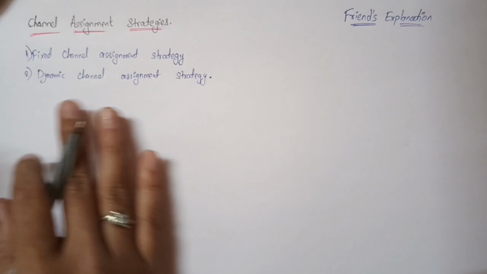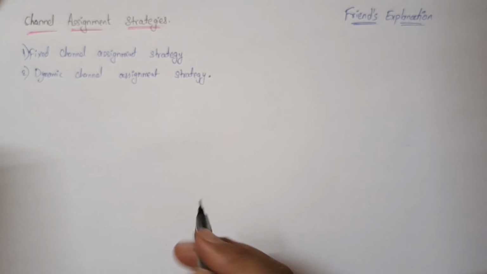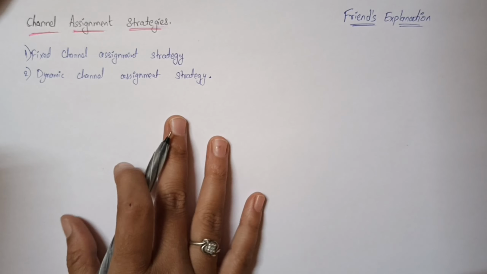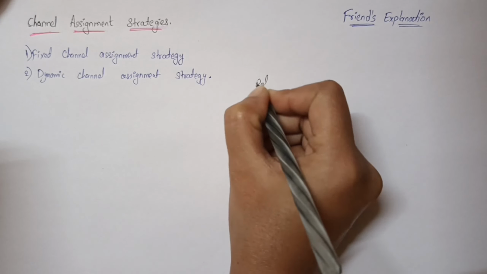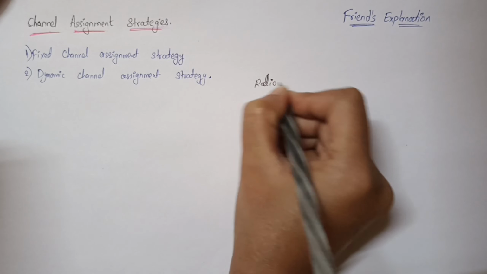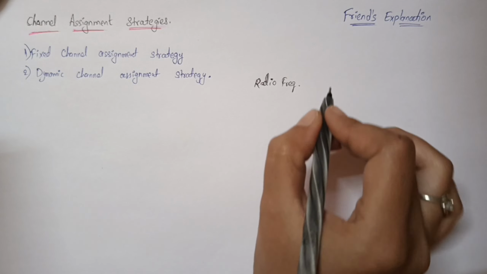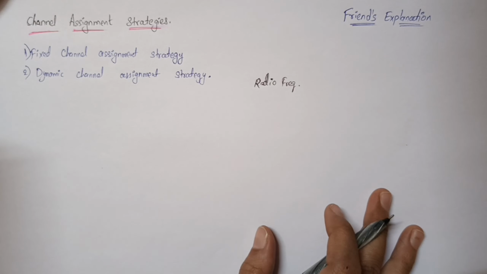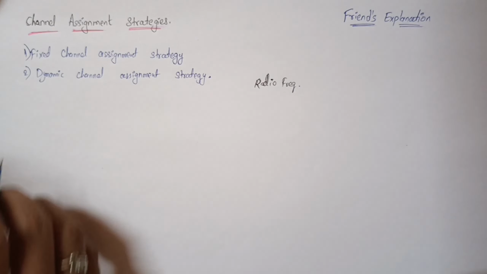These two strategies are the approaches used in cellular and wireless communication systems to manage the allocation of the radio frequencies to the cells in all the clusters. Okay, so now let's discuss both of them one by one.